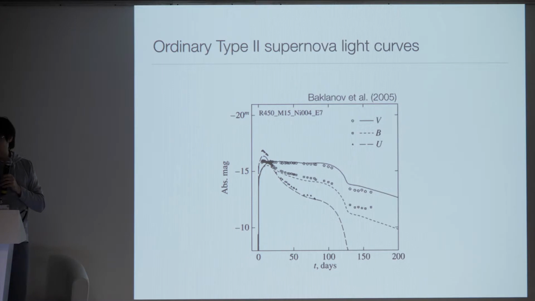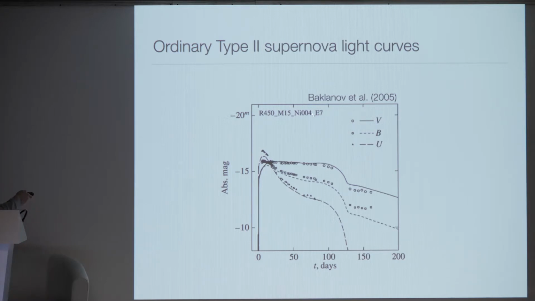But recently, we are starting to realize that maybe this kind of mass loss operates in many, even in ordinary type 2 supernovae. This is one example of supernova light curve models for a type 2p supernova. These numerical models explain the light curve evolution relatively well.